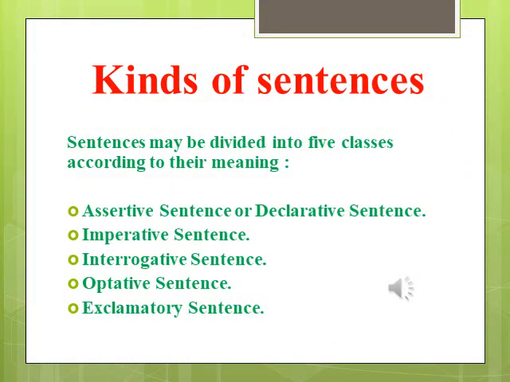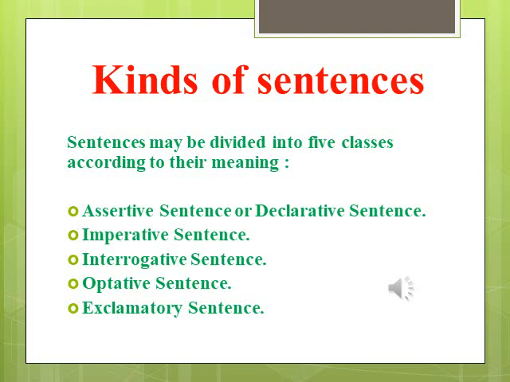Now, what are the different kinds of sentences in the English language? Sentences in the English language are divided into 5 classes according to its meaning. The kinds of sentences are: number 1 is the assertive sentence, or we also call it a declarative sentence, or we may also call it a statement.